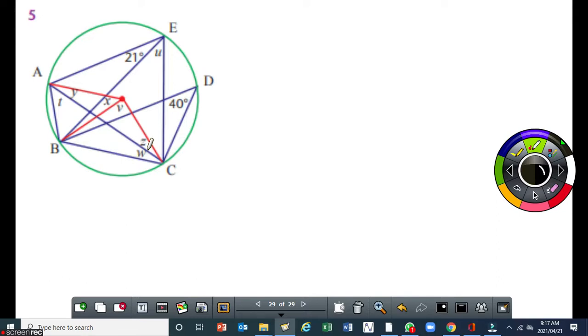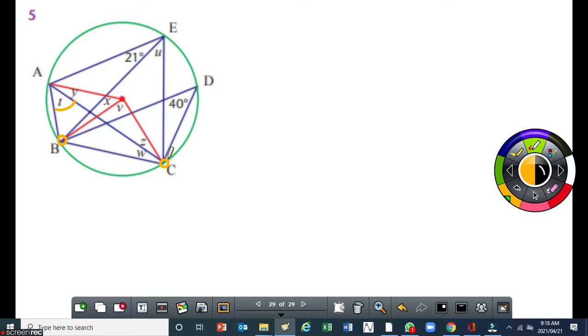If you look at angle T, it's this angle. Which chord subtends angle T? It's BC. Does chord BC subtend another angle on the circumference? Which angle? If you say angle E, there are two angles there.